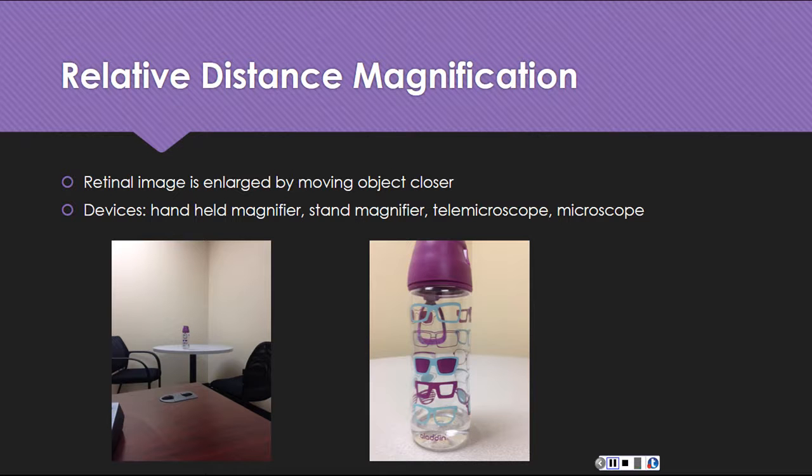There's a lot of different devices that we'll get into after the midterm that we would use to create this type of change in the relative retinal image size. So it's comparing from one distance, that original reference distance, to your new working distance. And that difference in size is going to be your magnification factor.